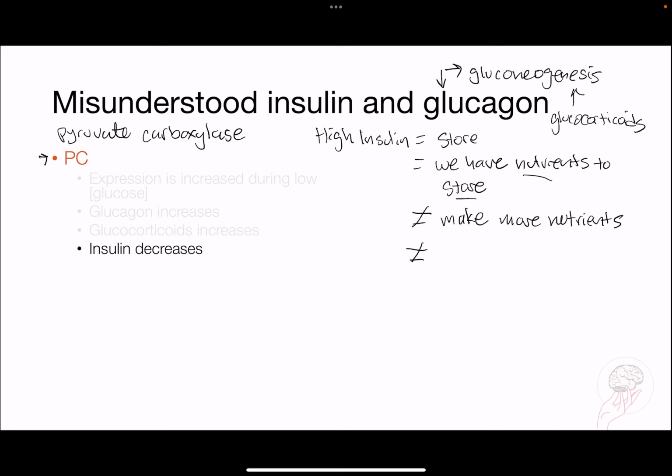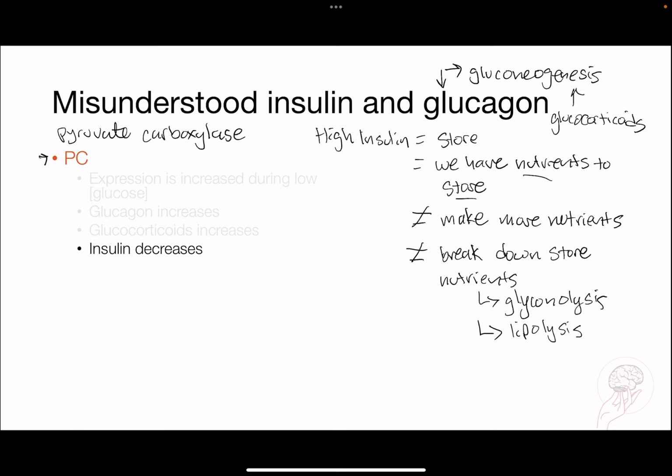And we don't want to break down stored nutrients. So we don't want to do glycogenolysis, the breakdown of glycogen, and we don't want to be doing a lot of lipolysis. And we don't want to do gluconeogenesis.